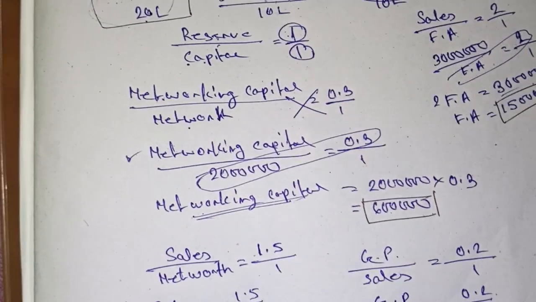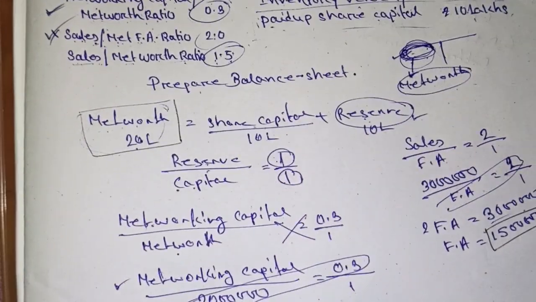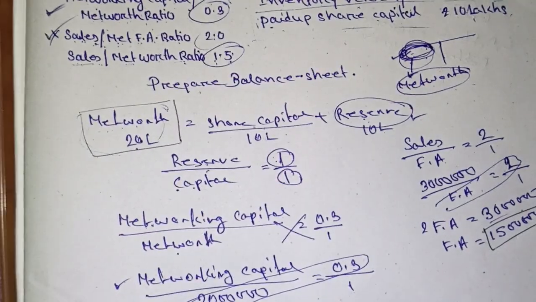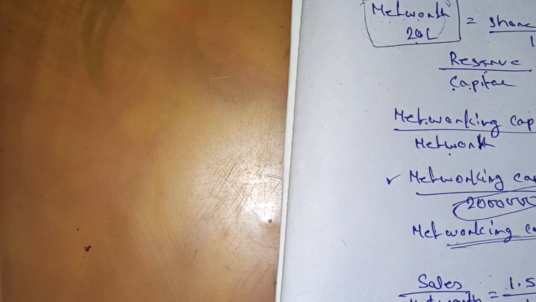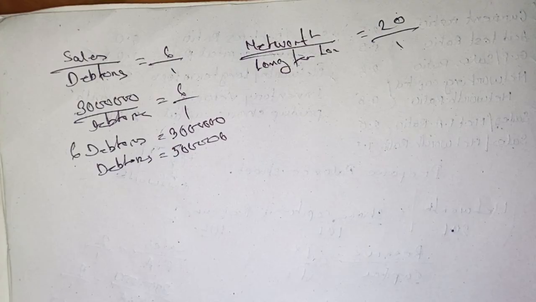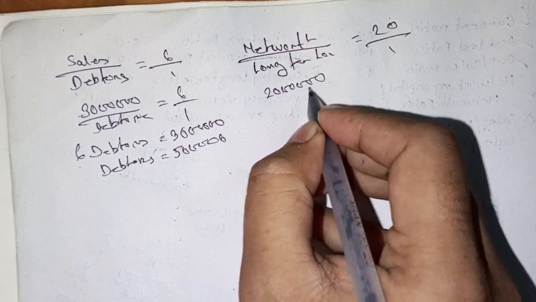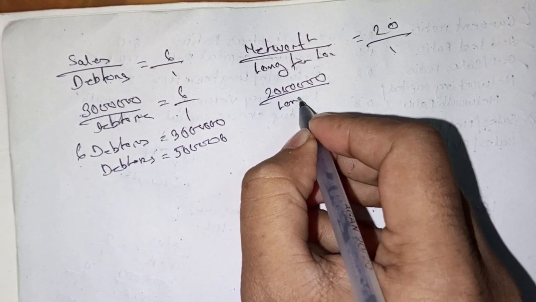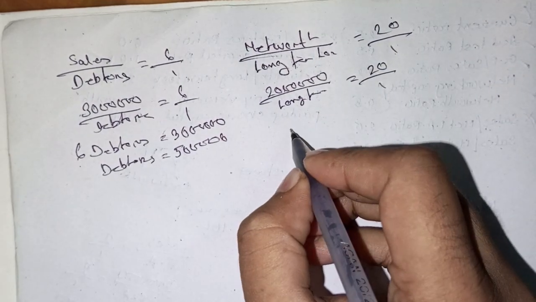Net worth we have already found, our net worth is 20 lakh. So net worth is given 20 lakhs, long term loan equal to 20 by 1.